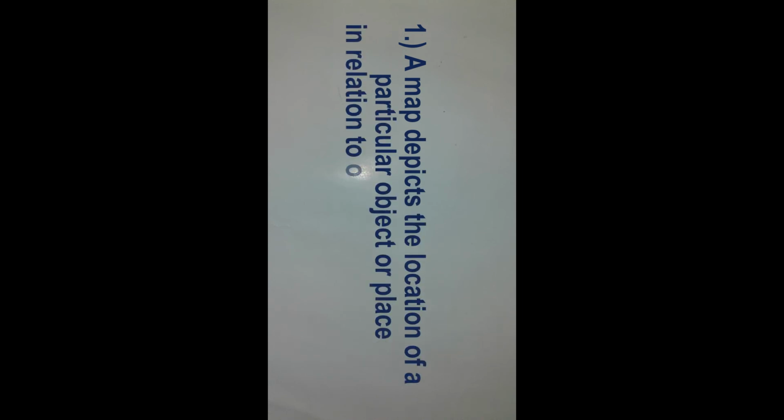First is, a map depicts the location of a particular object or place in relation to other objects or places. For example, suppose this is my house. And this is a road.